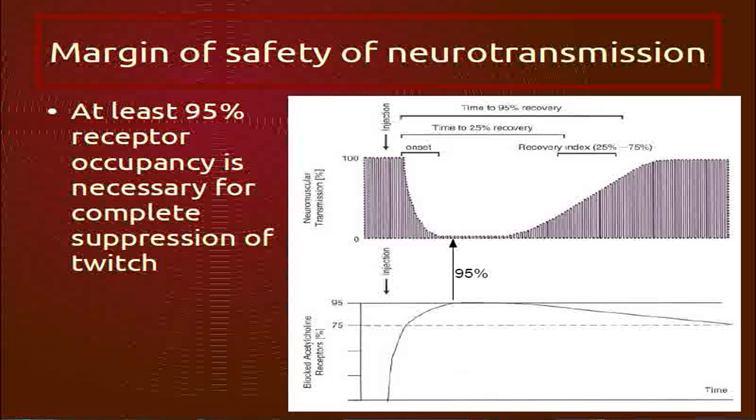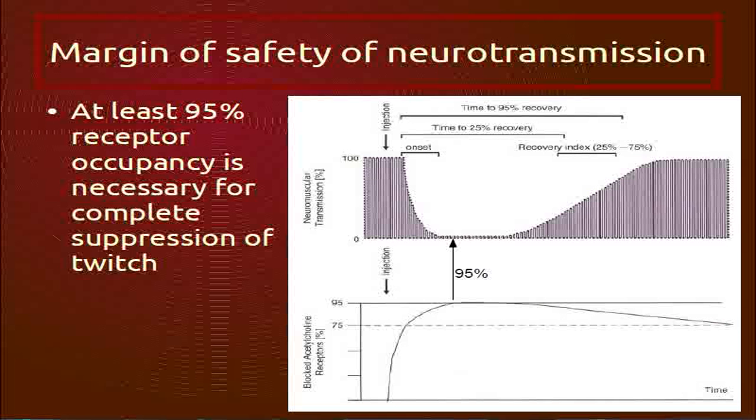Major Bentley, how do you read this graph? Excellent question, sir. All right, so at the bottom, you get this line that says, what percent of my receptors are blocked? And it actually correlates to the twitches that are programmed in the above graph.